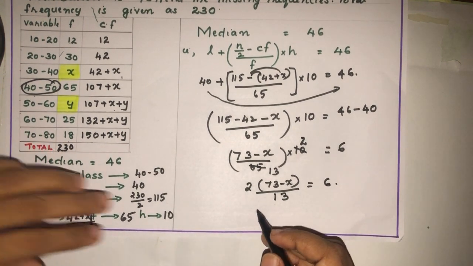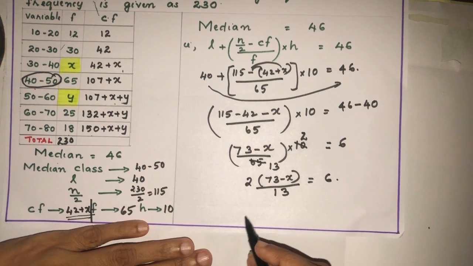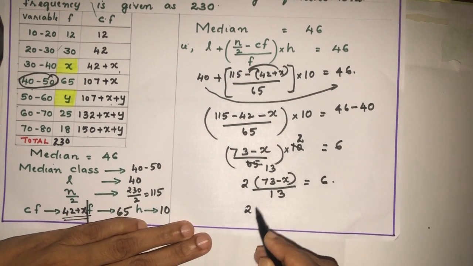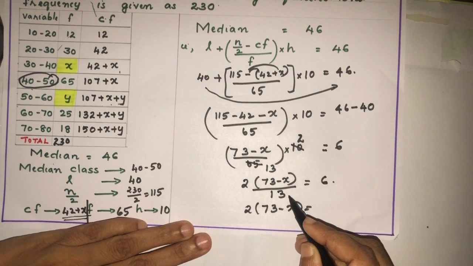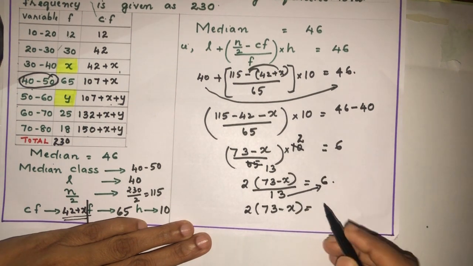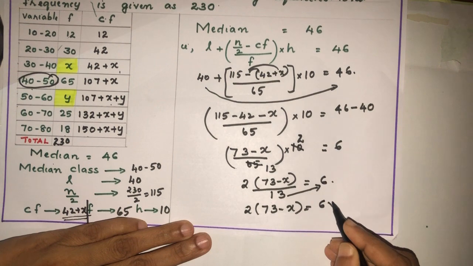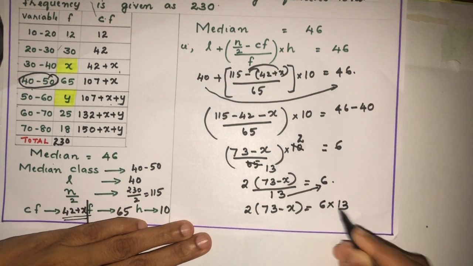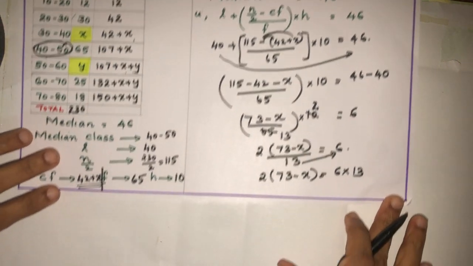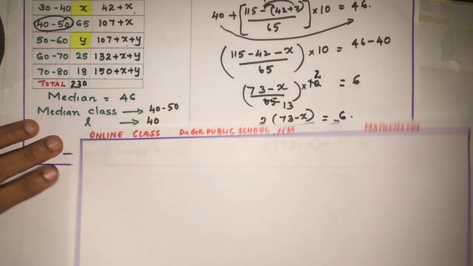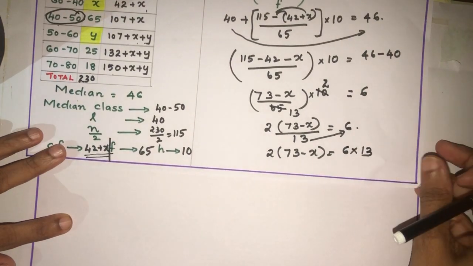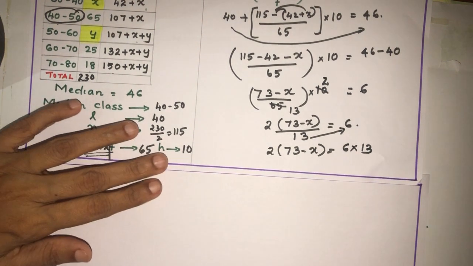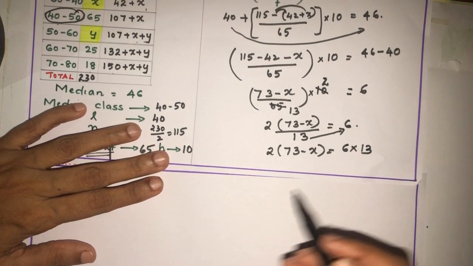Okay children. Now 2 into 73 minus x equal to 13 can be taken here, 6 into 13. Okay, you have to watch the video 2 or 3 times. I am again saying this one, then only you can understand.